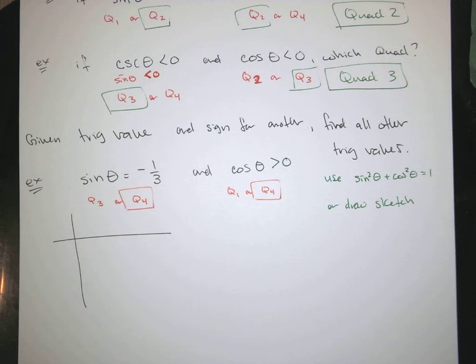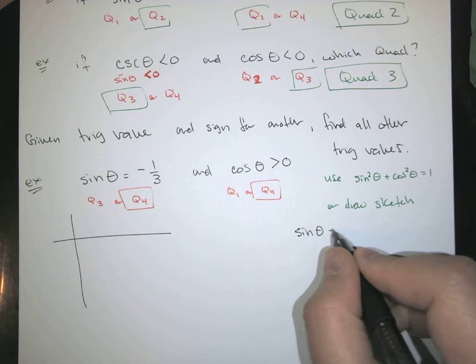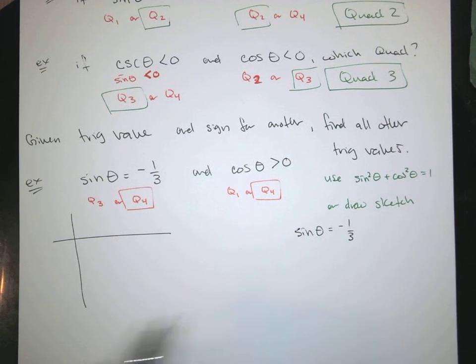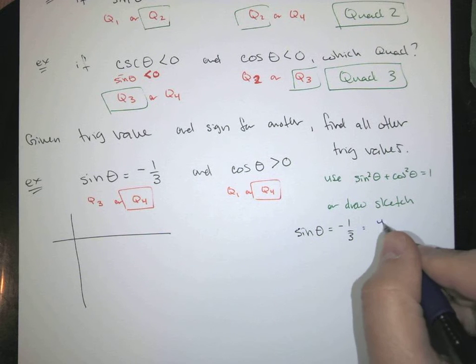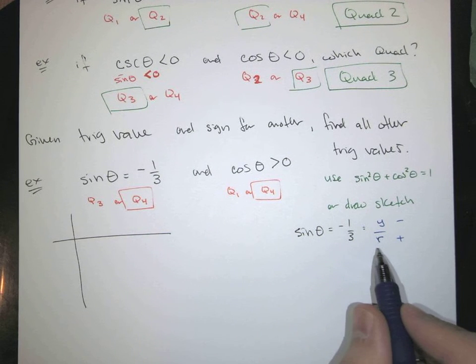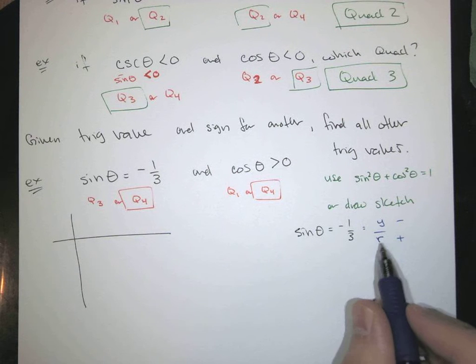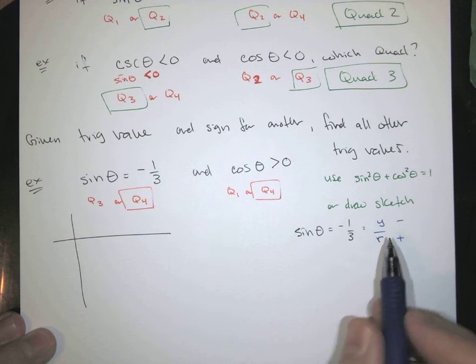So how am I going to do this? The idea here is my sine value is -1/3. Sine is supposed to be my y value divided by the radius. This has got to be a negative over positive, so my radius is +3 and my y value is -1. We'll have to do a little bit of an eyeball here.